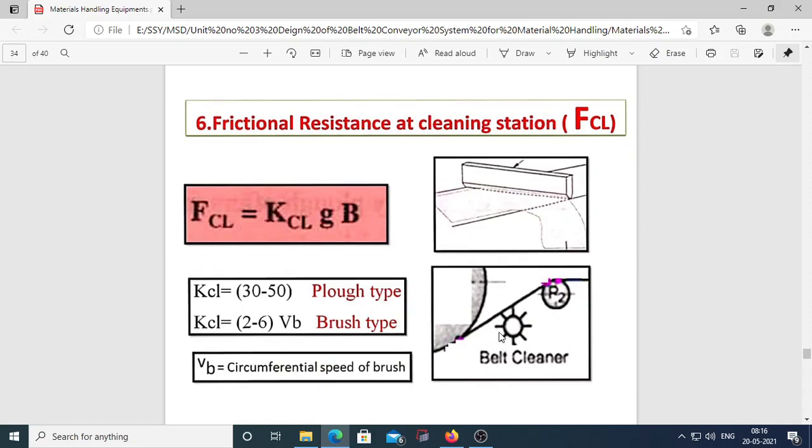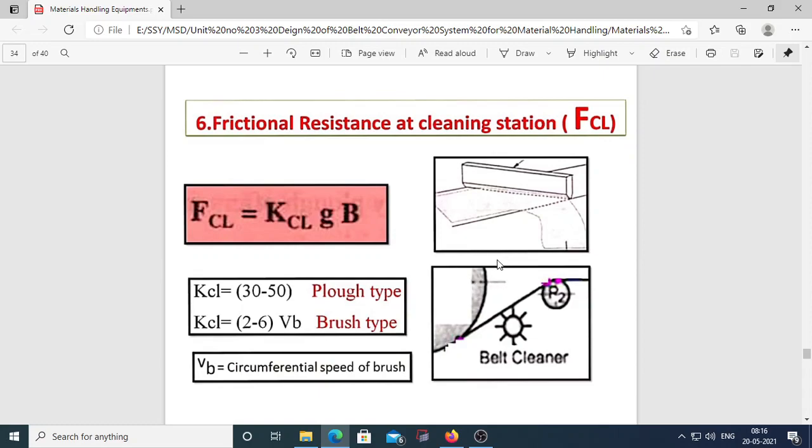When we want to clean the belt outside and inside, we use the brush type. If you want to clean the belt outside only, then sometimes we use the plow type. It is a resistance offered by the cleaning device.